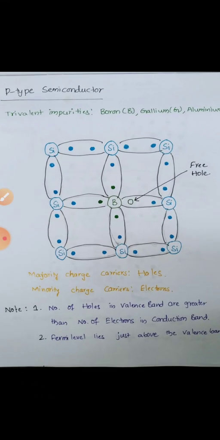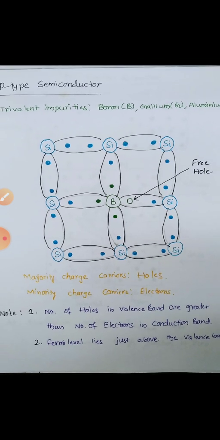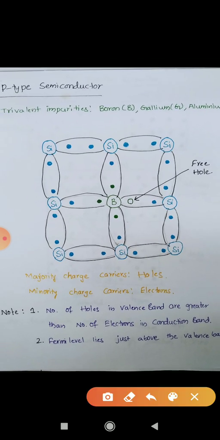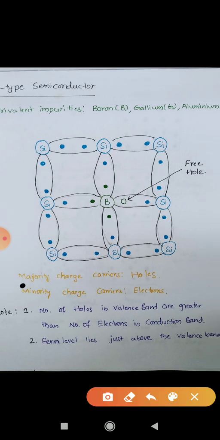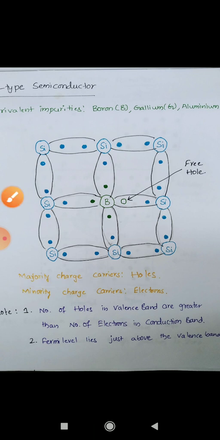P-type semiconductor, as the name itself implies, is positive type. Positive type means in the semiconductor we can treat a hole as a positive charge carrier. In p-type semiconductors, the majority charge carriers are holes and minority charge carriers are electrons. Now we will see how holes become majority charge carriers in p-type semiconductor.